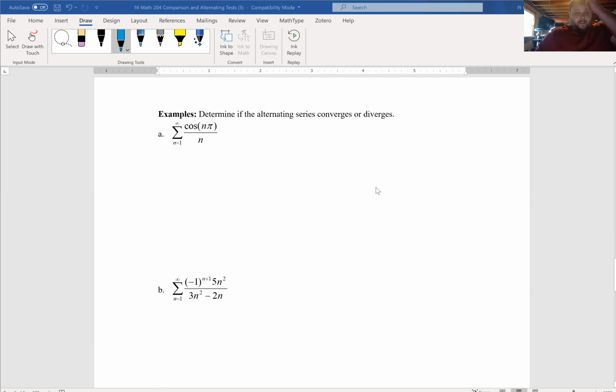Cosine n pi over n. First part says, well, first we need what's the absolute value of a sub n? Well, that's the absolute value of cosine n pi over n. The alternating part is cosine n pi, and the absolute value gets rid of that.